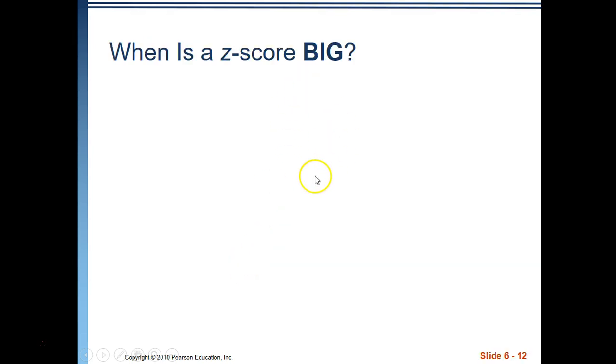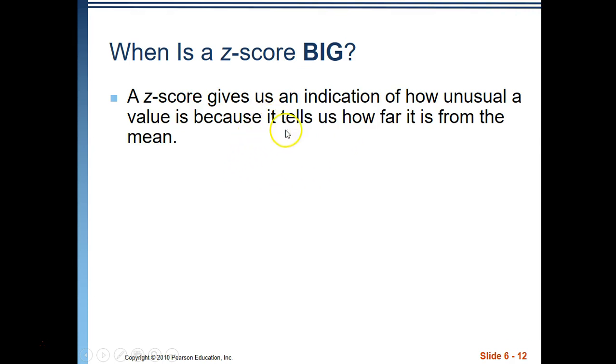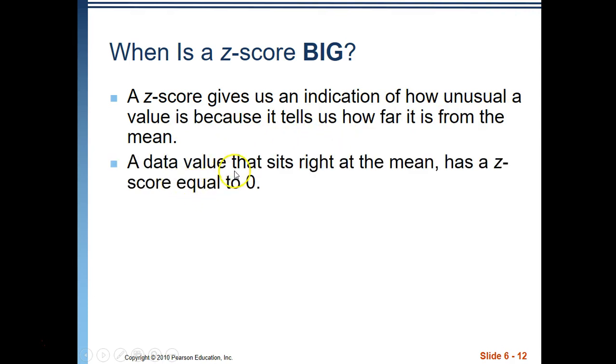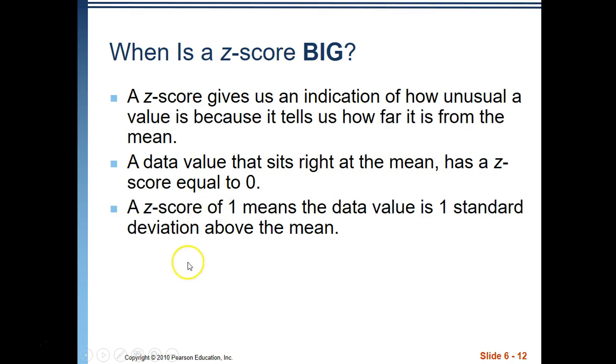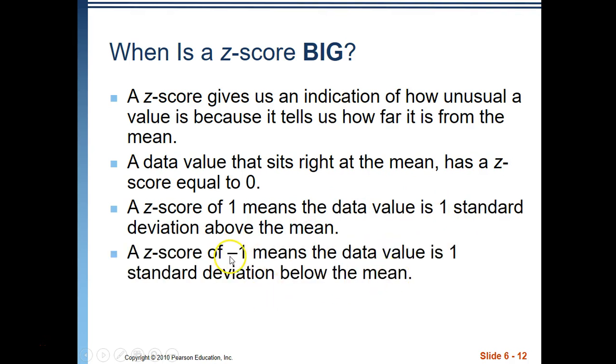So when is a z-score big? A z-score gives us an indication of how unusual a value is because it tells us how far it is from the mean. A data value that sits right at the mean has a z-score of 0. A z-score of 1 means the data value is 1 standard deviation above the mean, and if it's -1, it is 1 standard deviation below the mean.